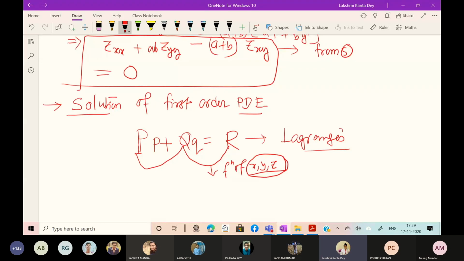I told in the first class, this is quasi-linear, and this is known as the Lagrange's form of partial differential equation, quasi-linear, and the solution is suggested by Lagrange himself. So that is what we have to learn first. That is known as the Lagrange's method for solution of the first order quasi-linear partial differential equation. Okay, so that will be started in the next lecture. So this much for today.